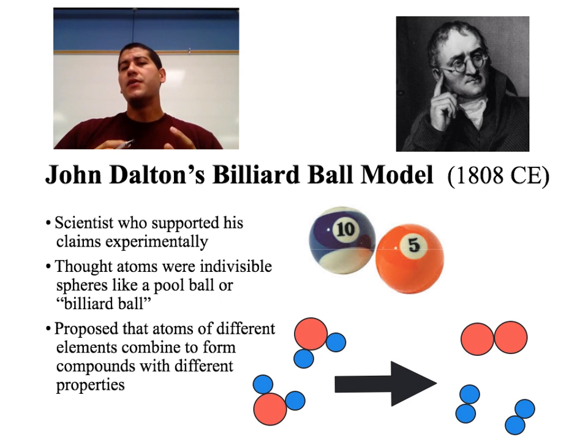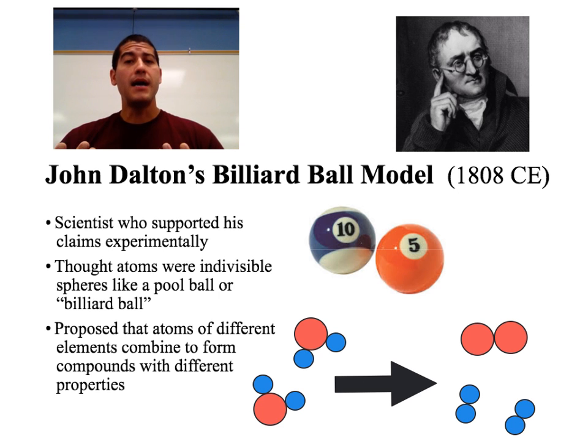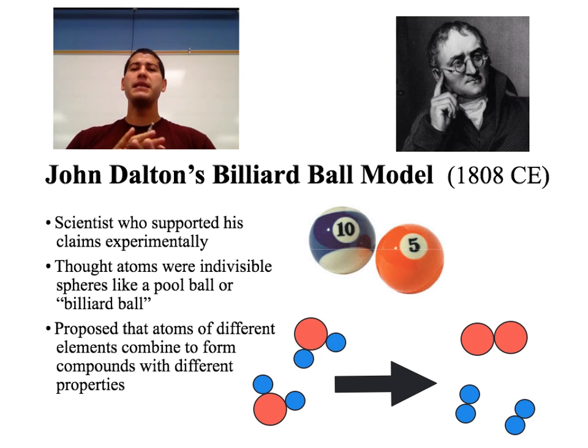For example, Dalton was able to separate water into oxygen and hydrogen gas during chemical reactions, showing that instead of being made out of water atoms, water was actually a combination of different kinds of atoms that only had the properties of water when they were combined. The atoms had completely different properties when they were separated. Water is a liquid that you use to put fire out, but it's actually made out of gas atoms that are highly explosive.